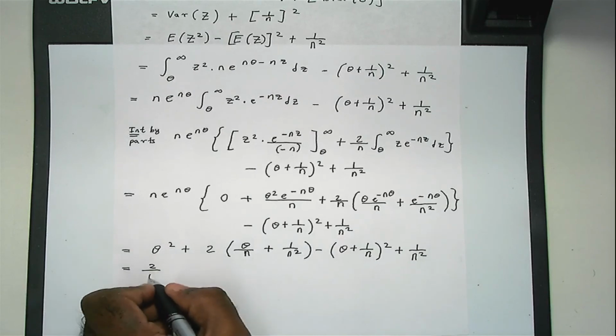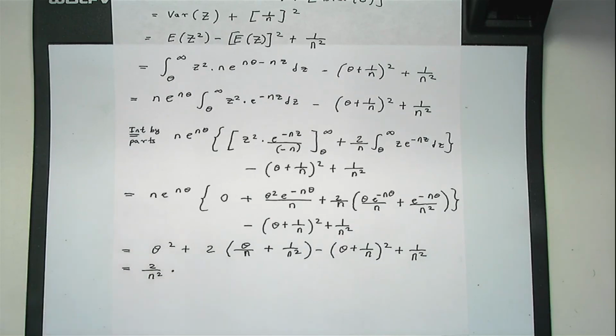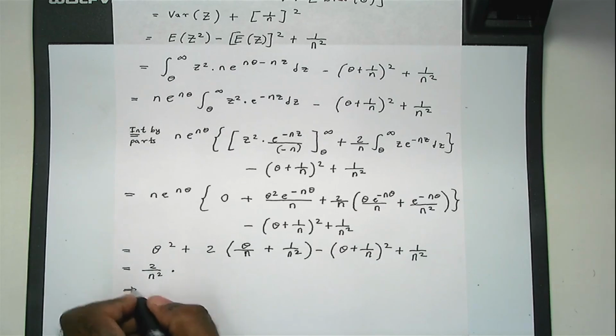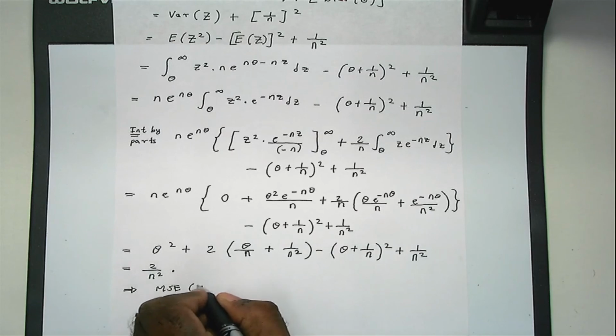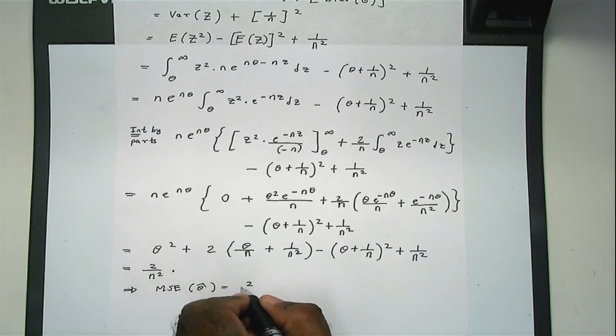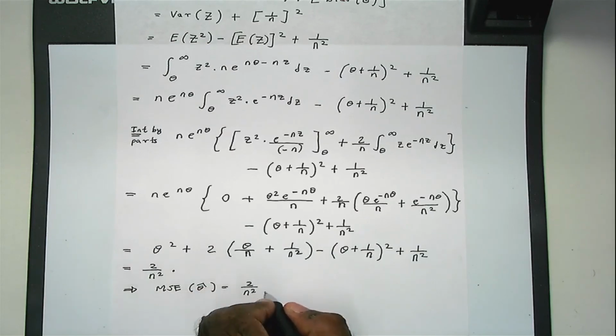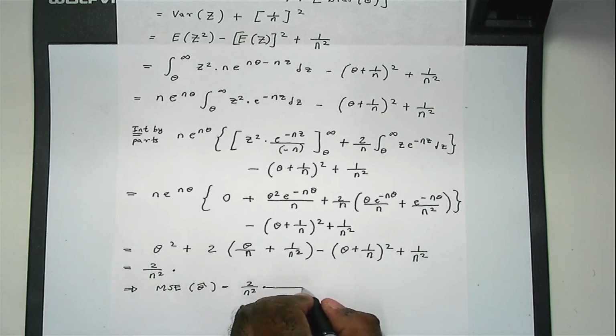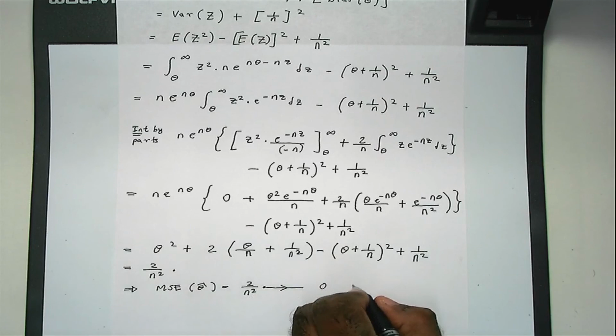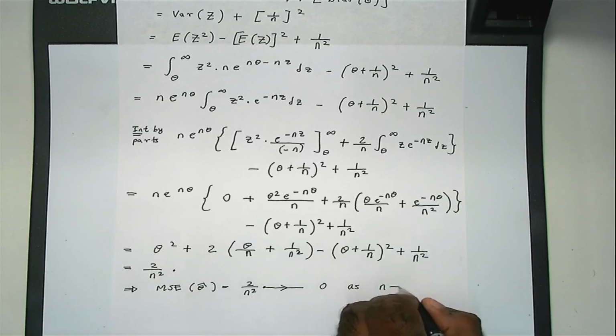So your MSE, after all, is very simple. It's 2 divided by n squared. So this implies that your MSE of theta hat is equal to 2 by n squared. Right? And clearly this approaches 0 as n approaches infinity.